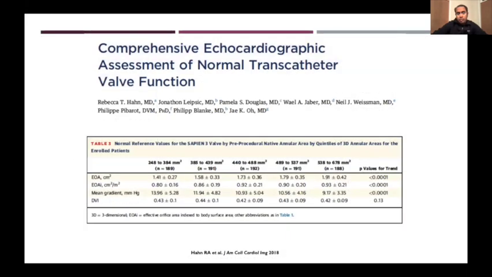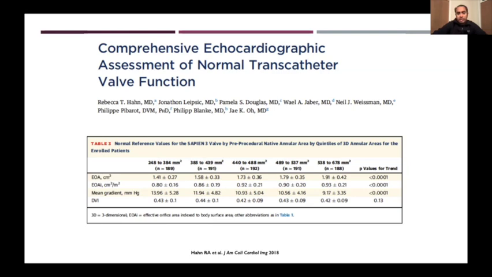Then Rebecca Hahn came out with this paper around the time of TVT 2018. I was there to see all of the conversations that came out of this paper. Basically, partner authors, Edwards authors, as well as some CoreValve US Pivotal authors came together as core echo labs and looked at hemodynamics in quintiles across the board.